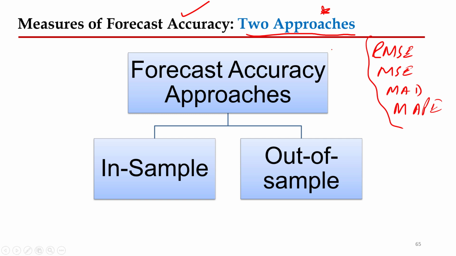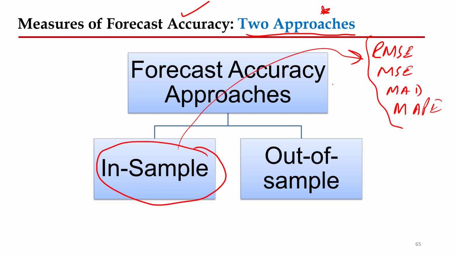Till now, for all the methods we have discussed, we calculated the measures of forecast accuracies that are called in-sample forecast errors. We said that the method giving us the smaller measures of accuracies or forecast errors is the better method.